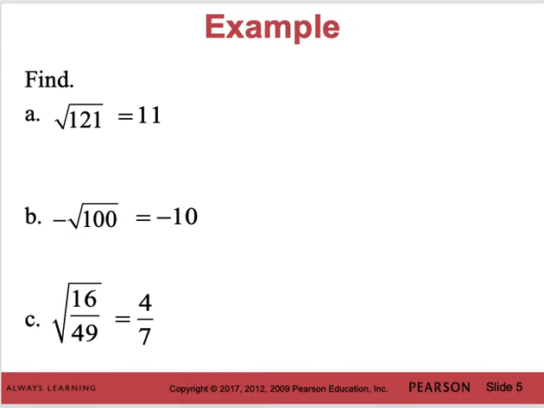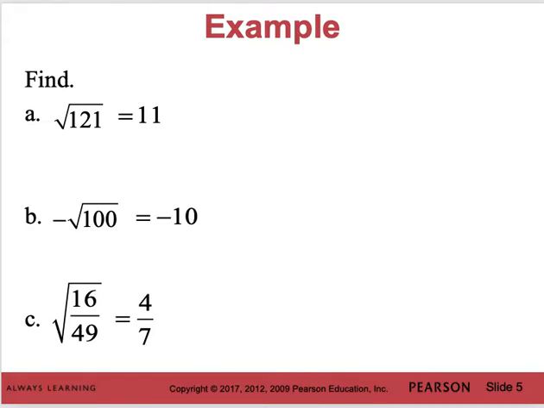Let's find the square roots of the following values. For the first number, we're looking for a positive number that multiplies by itself, or squared, equals 121. And that would be 11. 11 times 11 is equal to 121.